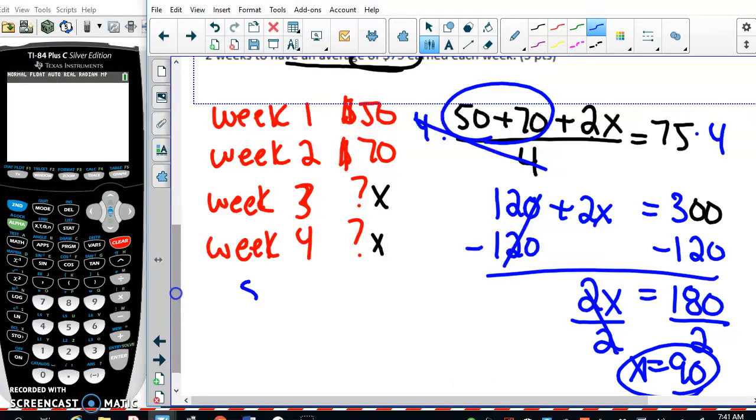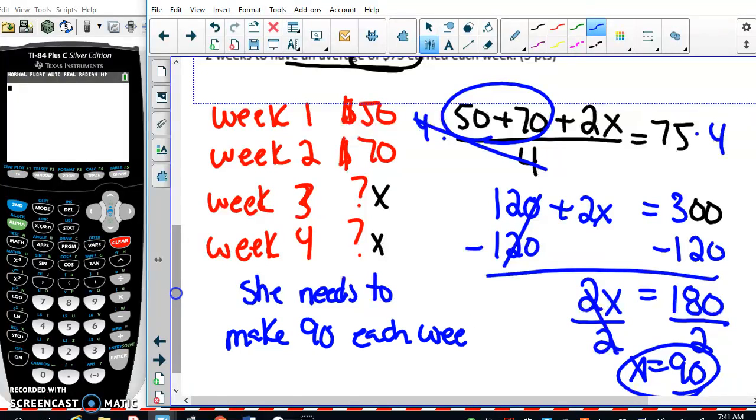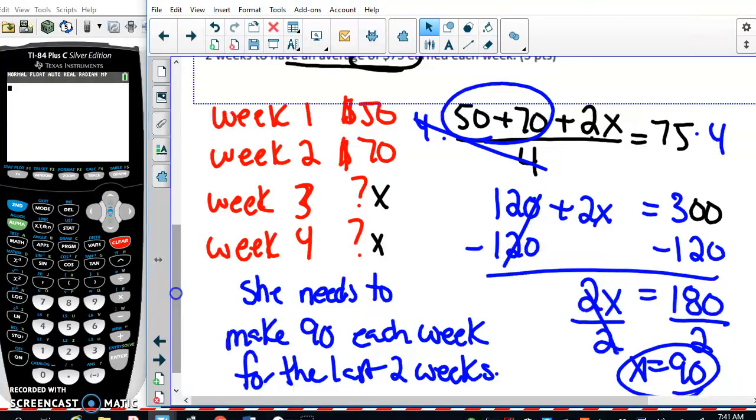So she needs to make $90 each week for the last 2 weeks. Okay, how are we doing on time here? Okay, good. That's how much she needs to make. All right, some students said 180. That's fine. I took that also.